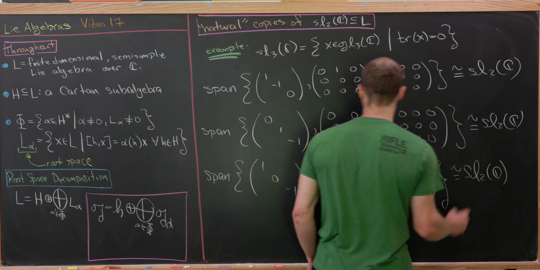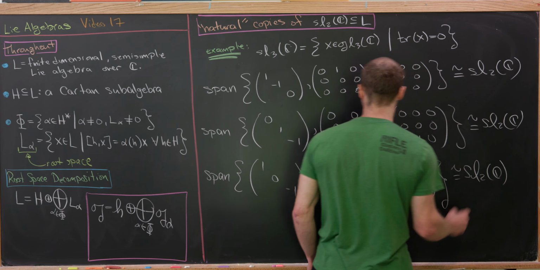Now let's apply the killing form again using this root space decomposition, and we have 0 is not equal to the killing form of x, y, because that's our assumption up there. But the killing form is a bilinear form, so we can split it up via this sum.